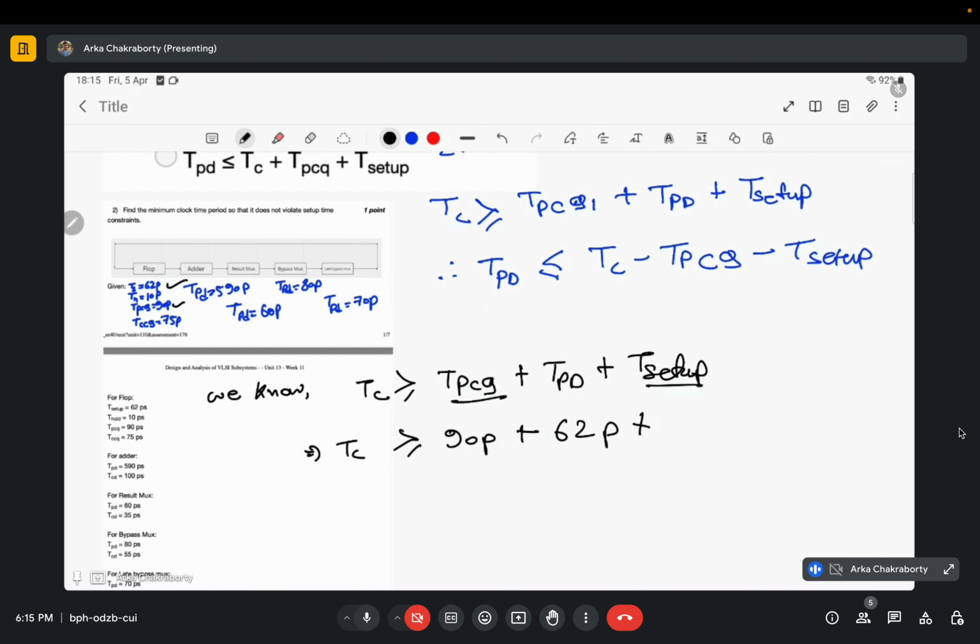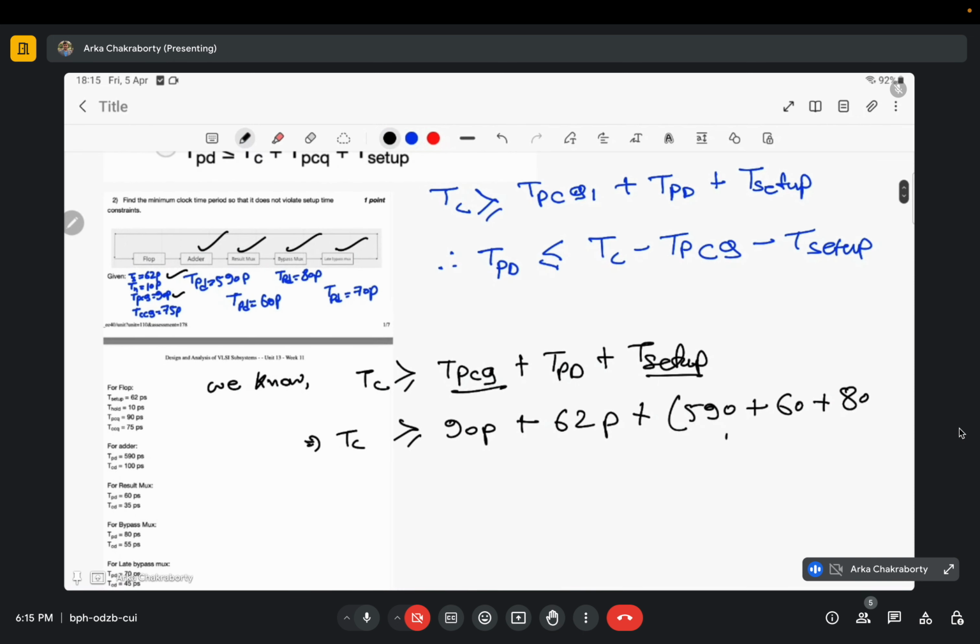And what is the propagation delay? It will be the sum of the propagation delays of all the combinational circuits, so 590 plus 60 plus 80 plus 70 picoseconds. Fine. So how much would it be? 90, 680, 740, 820, 890, 952 picoseconds.